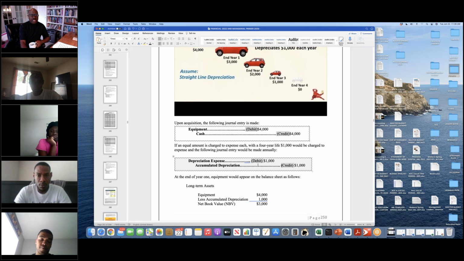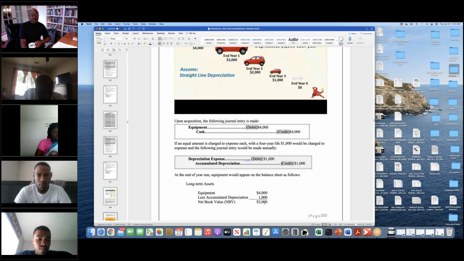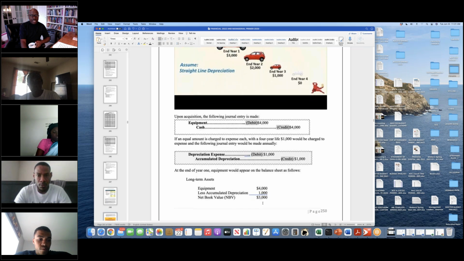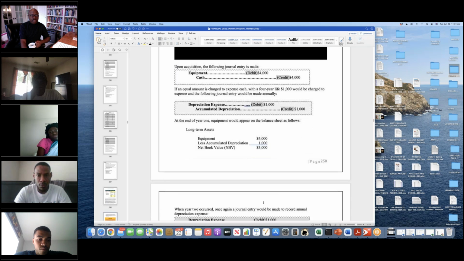So the AJE: debit depreciation expense, credit accumulated depreciation. We could credit equipment, but because it's a long-lived asset and we want to know the original cost, we credit accumulated depreciation, and then we subtract that from cost to come up with the net book value, basically what it's worth.